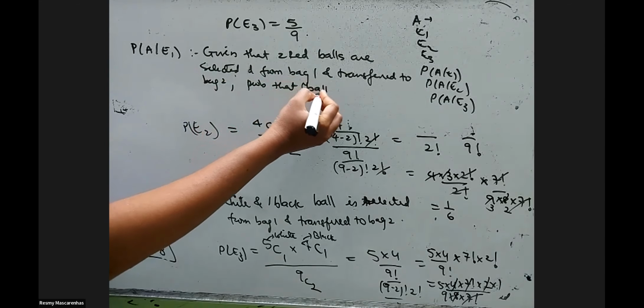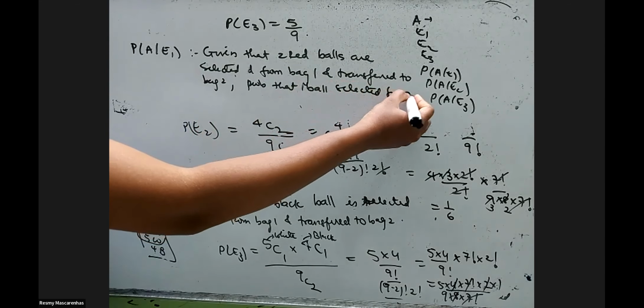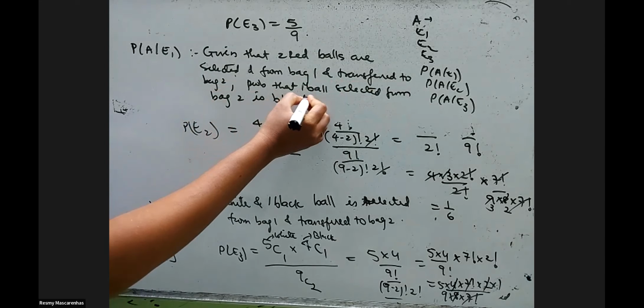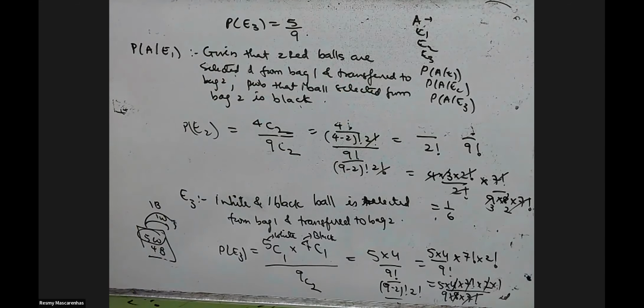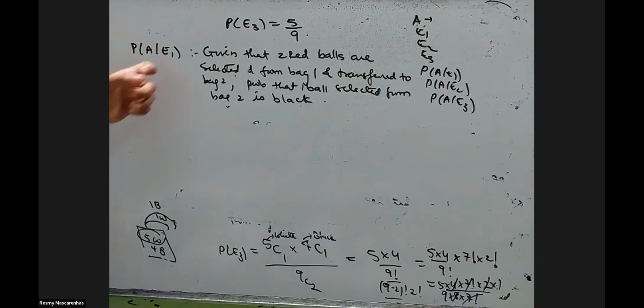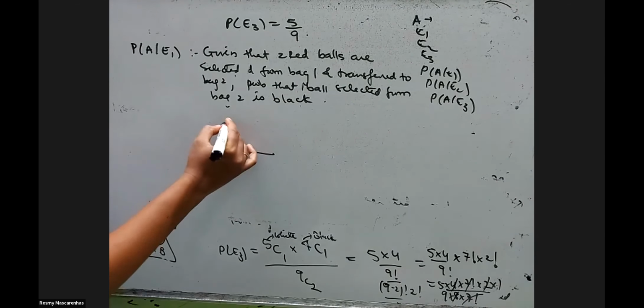Now only one ball is selected. So now what is going to happen is you have already transferred. Given that means it has already happened. I am moving on to task 2.